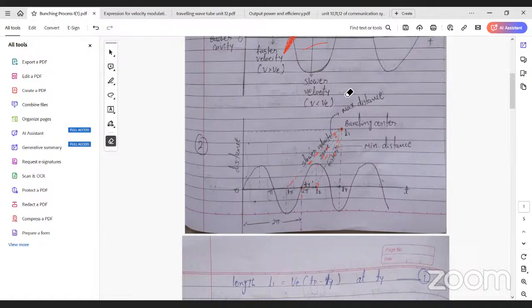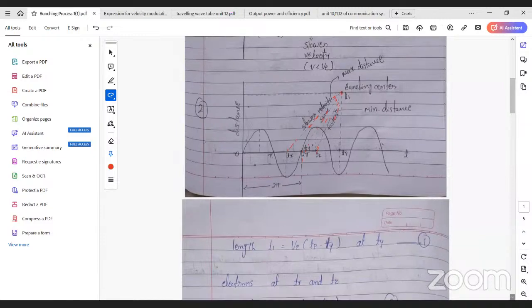Using this, now I am calculating the length equation L1. What is the L1 equation? L1 equals Ve, velocity of the electron, times (Tp minus Ty).